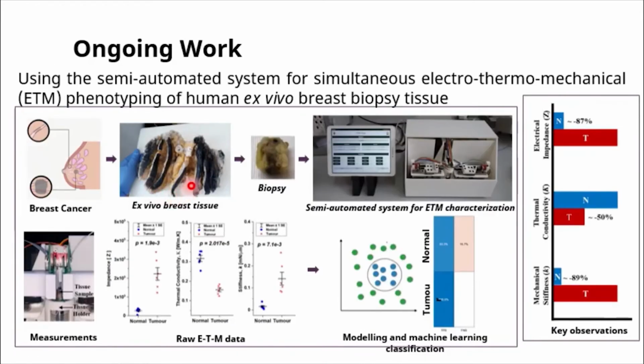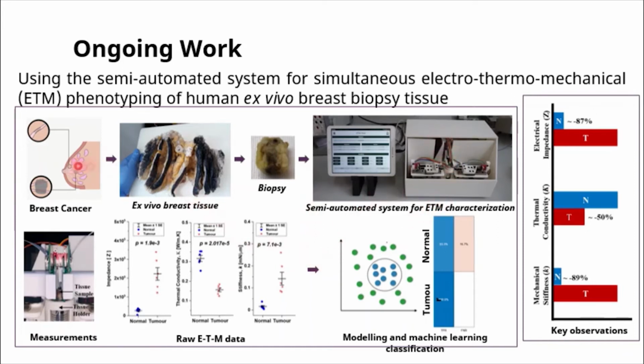As a follow-up to the study that we have just shown, our ongoing work focuses on using the semi-automated system that we have just shown for simultaneous electrothermomechanical phenotyping of human ex vivo breast biopsy tissues. Apart from the electrothermal phenotyping, we have also added a mechanical sensing aspect to the system by incorporating a piezoresistive force sensor into the setup on the Z indenter here.